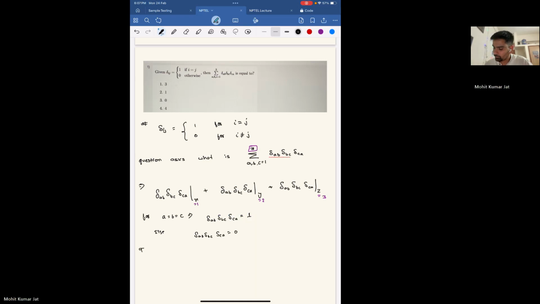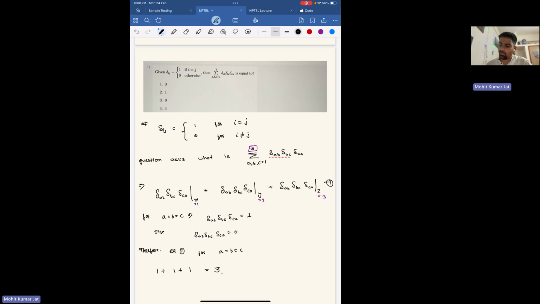Therefore, equation 1 will be 1 for a equals b equals c, so 1 plus 1 plus 1 equals 3.